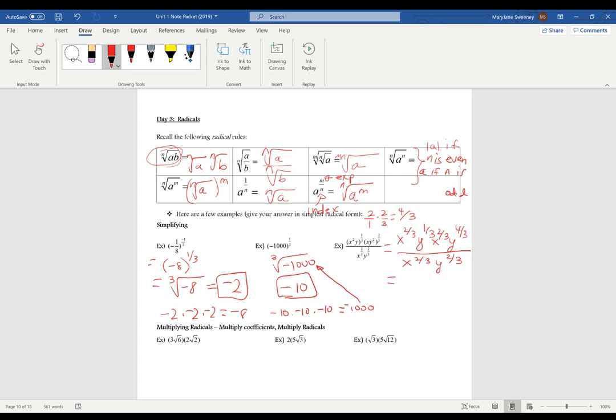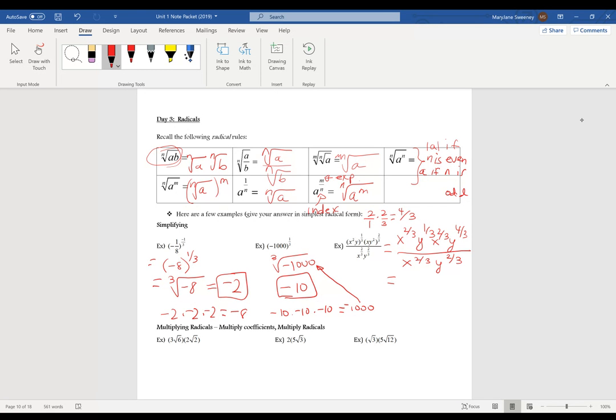Okay, I'm going to clean up the numerator. So x to the 2/3 times x to the 2/3. So remember, when we're multiplying with the same base, we add the exponents. Actually, you know what I might do here, because this will be a little bit easier.